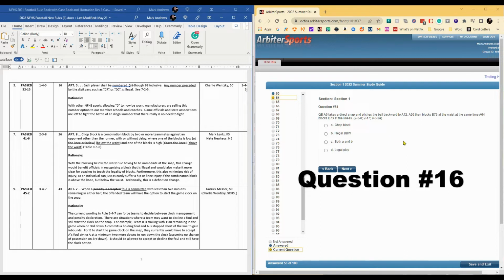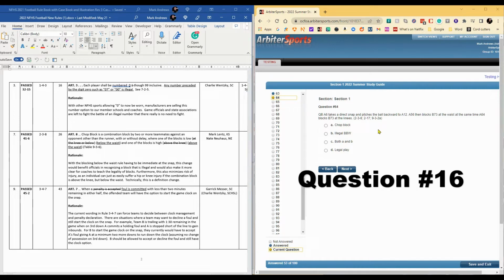So we've got two low blocks. I like the fact that they've changed the rule. It used to be required for the low block to be below the knee, and now it's just below the waist. Much better definition, I believe. But this is not a chop block.